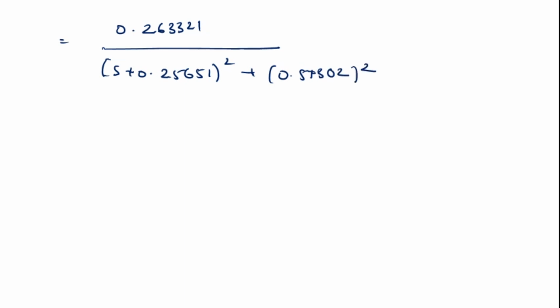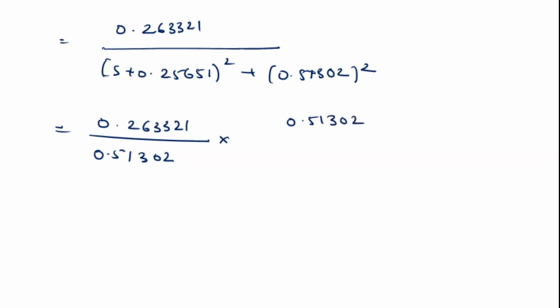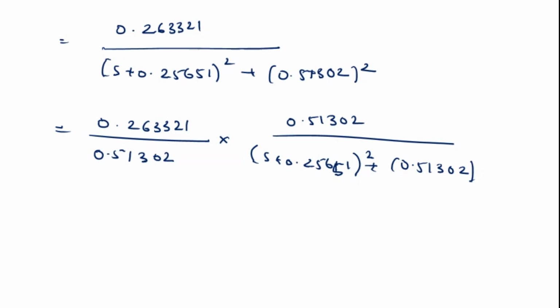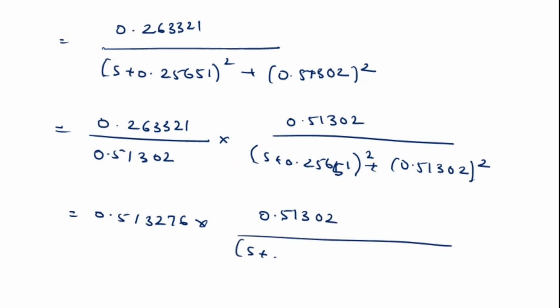This is equal to 0.263321 divided by 0.51302, into 0.51302 divided by (s plus 0.25651) whole square plus 0.51302 whole square, which is equal to 0.513276 into 0.51302 divided by (s plus 0.25651) whole square plus 0.51302 whole square.